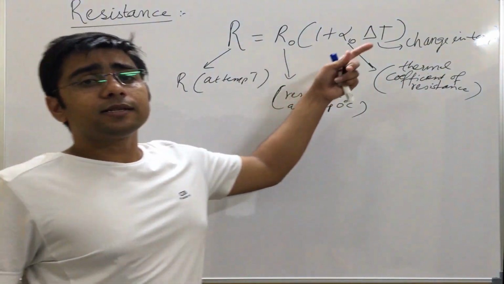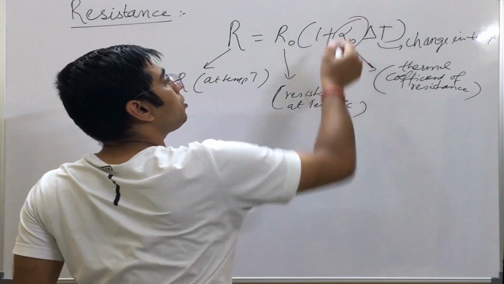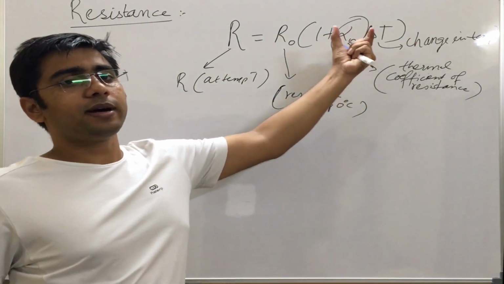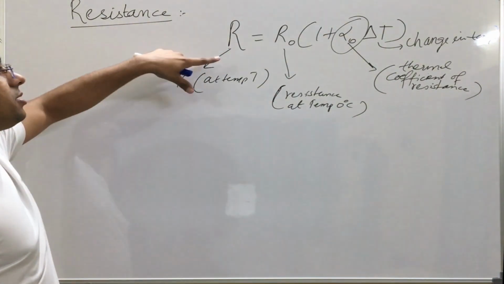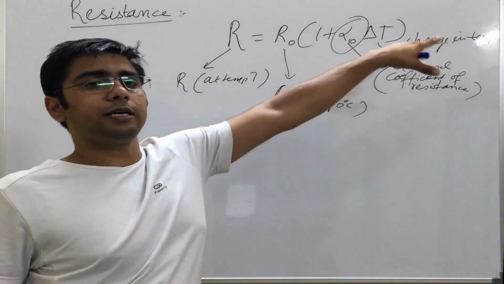We are assuming that this delta T is small, so the value of alpha naught is constant over that range T2 minus T1. Then we can give the resistance at temperature T by this formula, R naught (1 plus alpha naught delta T).